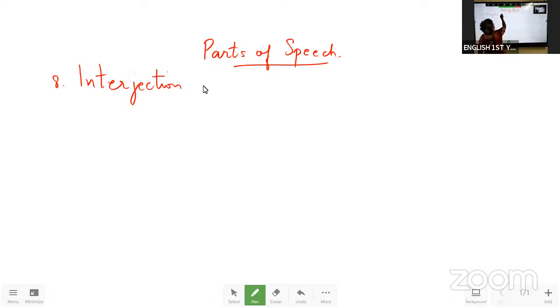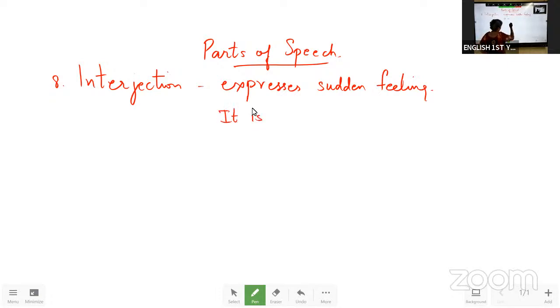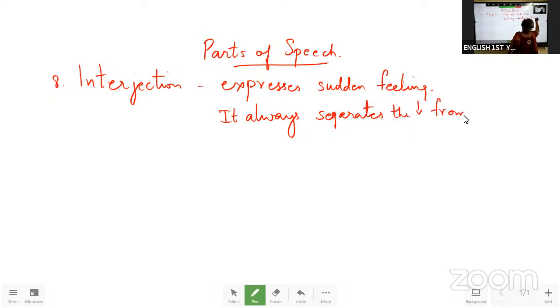Interjection expresses sudden feeling. It always separates the feeling from the remaining sentence by an exclamation mark.